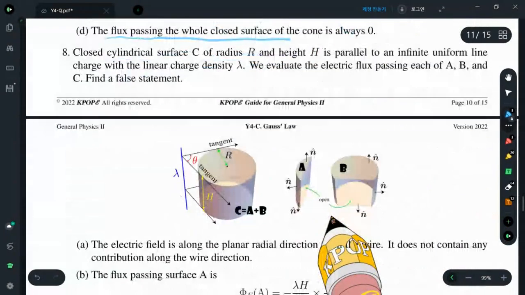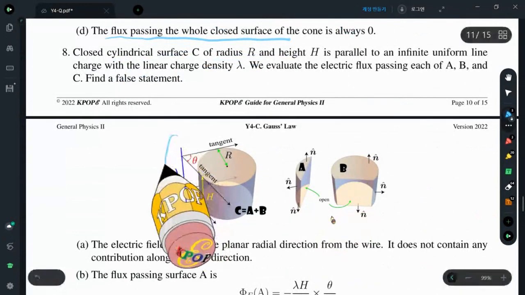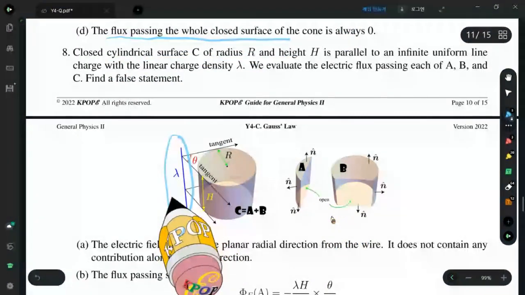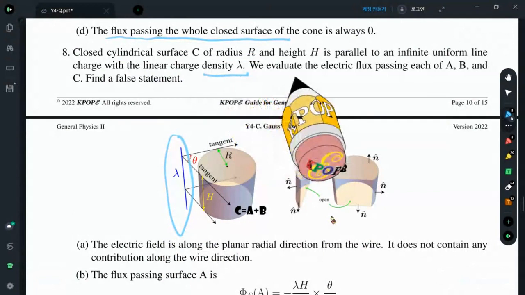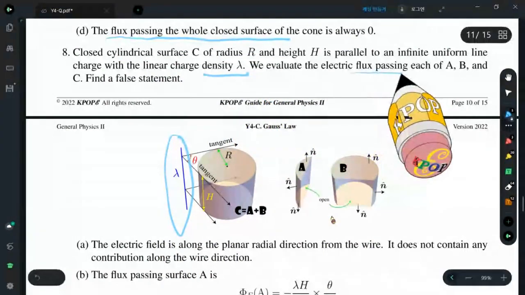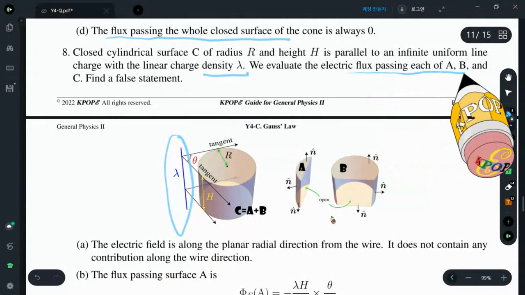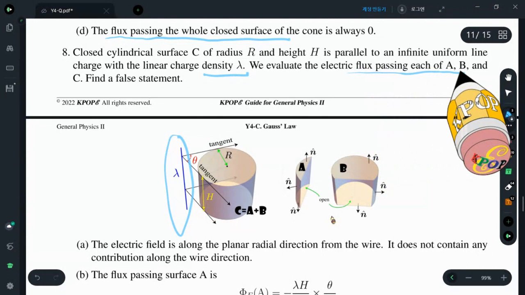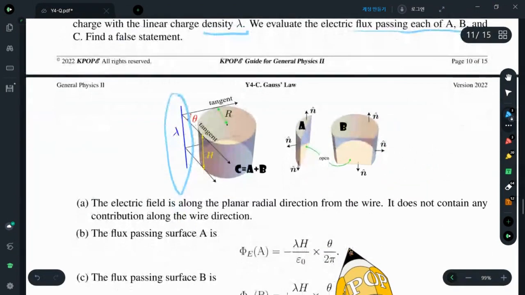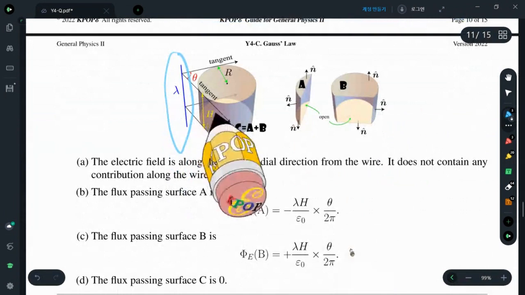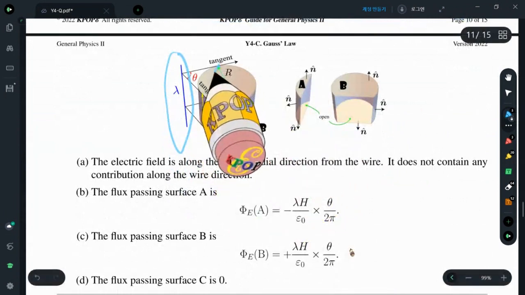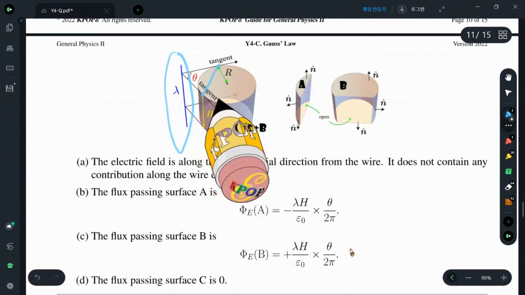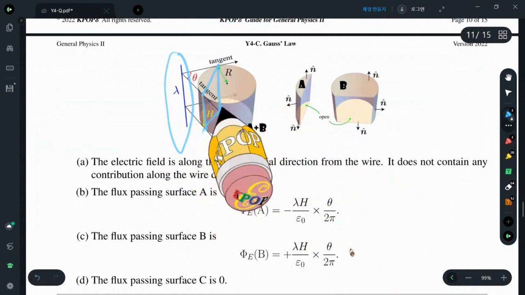Number 8. We have a line charge, a uniform line charge with charge density lambda. Evaluate the electric field flux passing each of A, B, and C. First, A. Just think about this surface.